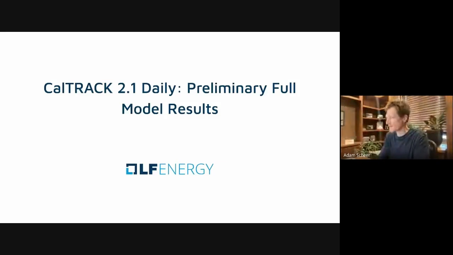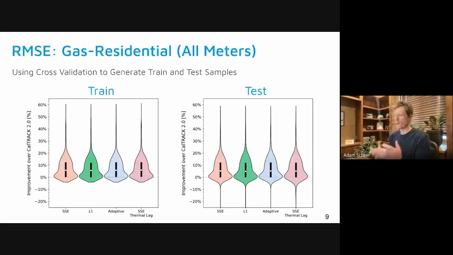But what we're seeing is effectively that when we're looking at the root mean squared error, these are all root mean squared error results. And the y-axis, again, is percent improvement over the Caltrack 2.0 model. Each of these violin plots is basically showing us a model selection criteria.